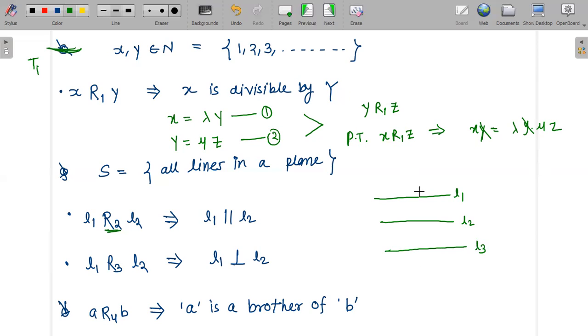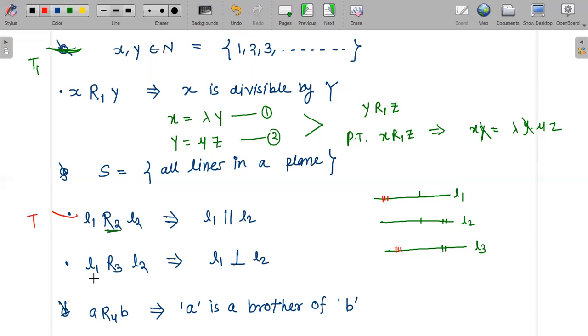So if L1 is parallel to line L2 is given, L2 is parallel to line L3 is what we assume. So based on this data, can you prove that line L1 will be parallel to line L3? If it is an obvious thing, then this relation R2 is said to be a transitive one, otherwise not.